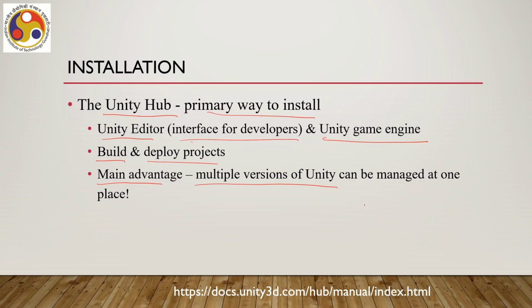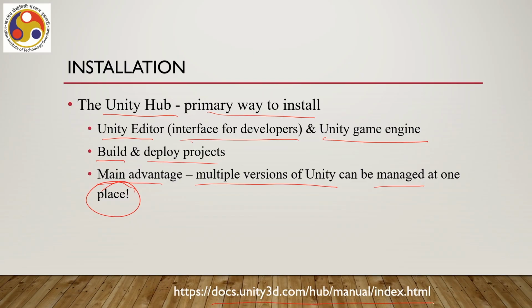So, you can manage multiple versions of Unity together at one place. For more details about the installation, you can refer to this documentation, docs.unity3d.com, under Hub, the manual and its index page. You can refer to it for different topics on installation.